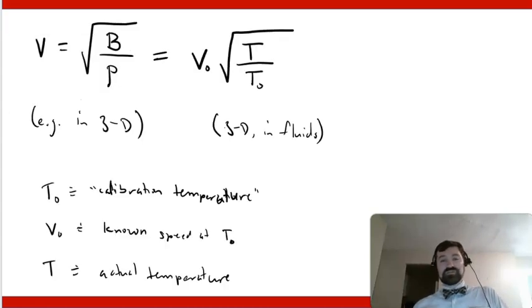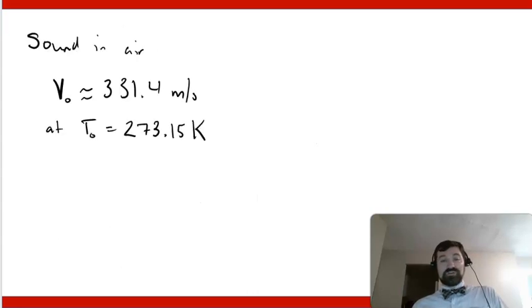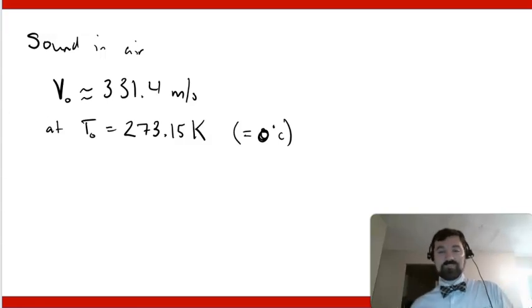These temperatures are in Kelvin. So what is 273.15 Kelvin? This is the same temperature as 0 degrees C. But you want the temperatures to be in Kelvin.